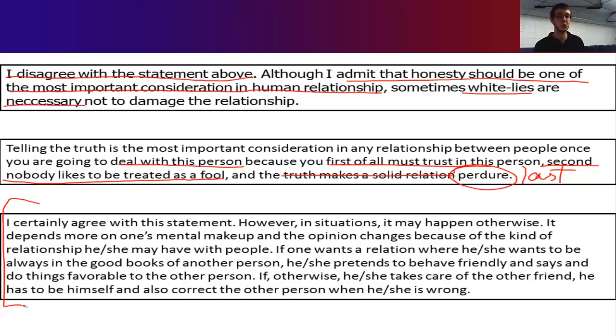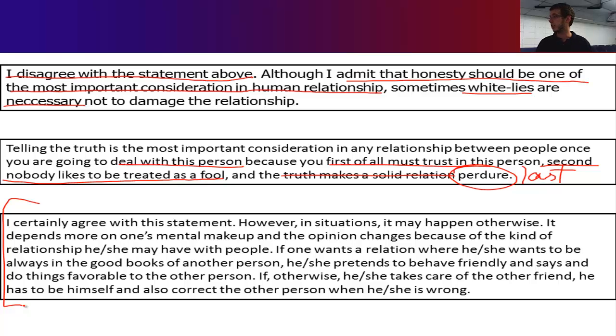If one wants a relation where he or she wants to be always in the good books of another person, he or she pretends to behave friendly and says and does things favorable to the other person. If otherwise, he or she takes care of the other friend, he has to be himself and also correct the other person when he or she is wrong.